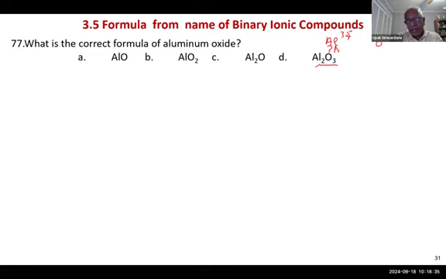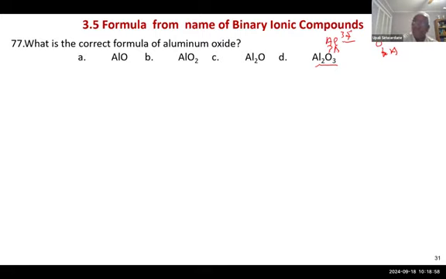Oxide is a 2 minus, 6A group. An anion with 6 electrons will gain 2 more electrons to make the octet. That's how you get aluminum 3 plus, oxide 2 minus.